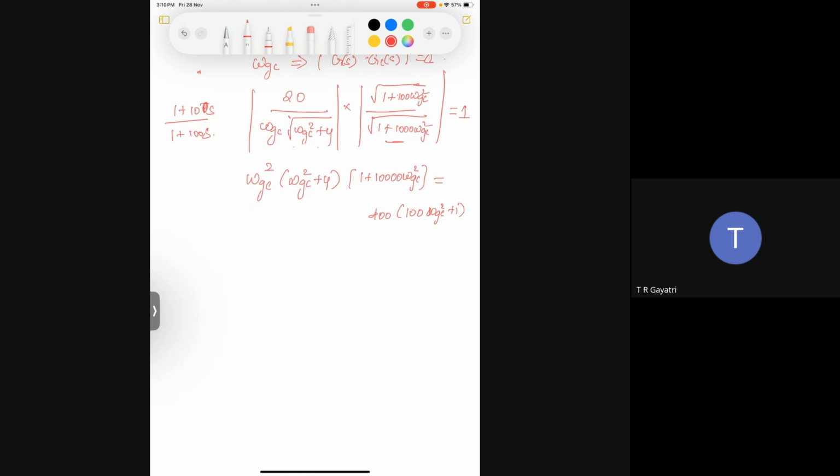So we have to solve this. Omega GC square into 4 plus omega GC square into 1 plus 10,000 omega GC square is equal to 400 into plus. Any way to cancel out anything to make it easy? Don't think so.